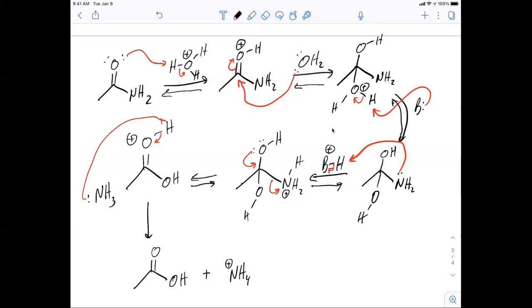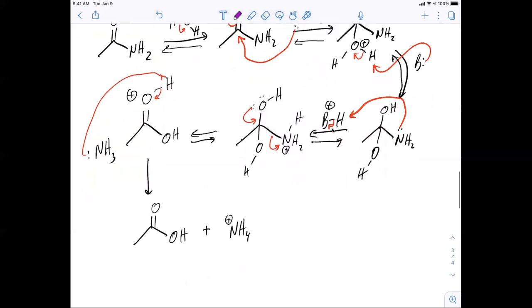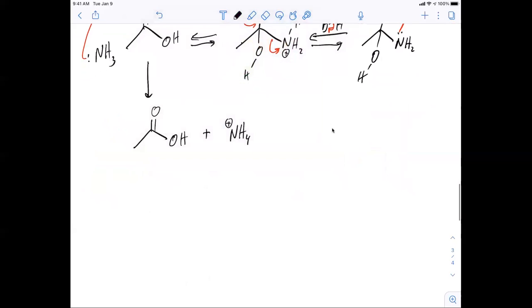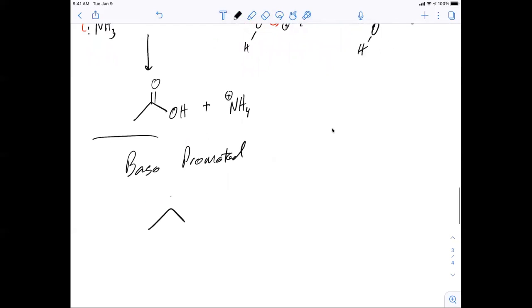Okay. This one, remember this one, foreshadowing the lecture here, remember this one when we get to nitriles. The other thing we can do is base promoted. With the base promoted, we're just changing the conditions to a base.